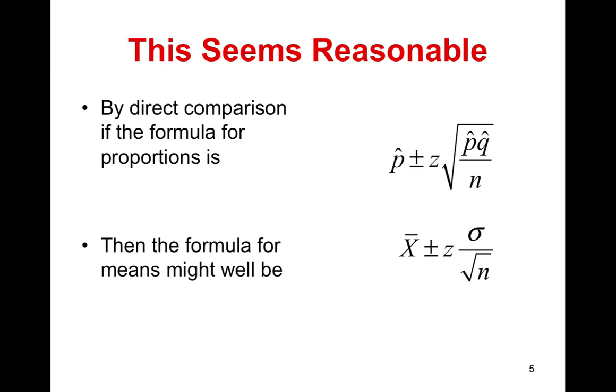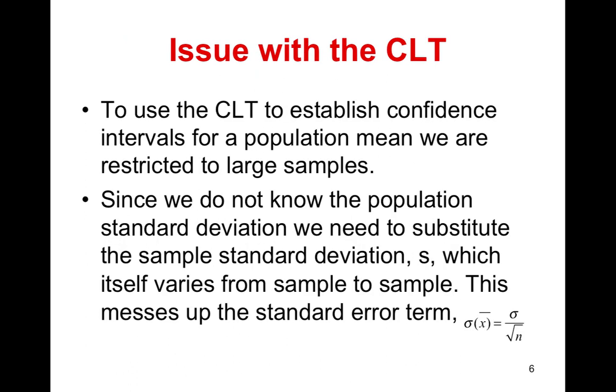So if we use the results from proportions to model a formula for means, the margin of error term would be z times the standard deviation over the square root of the sample size. The standard deviation of the sampling distribution of the mean is called the standard error, and I'm reminding you, it's given by this formula, sigma over the square root of n.